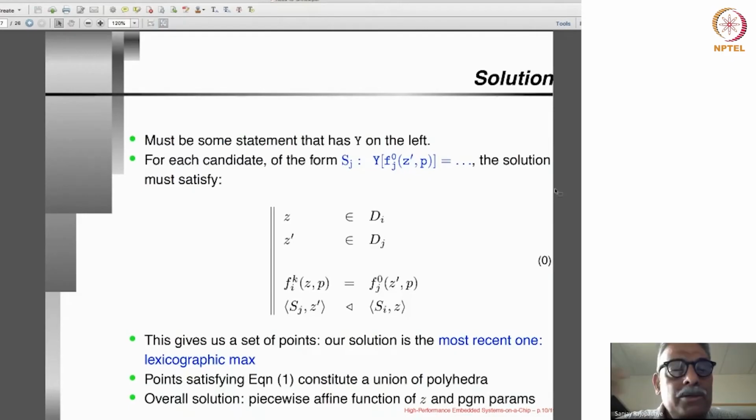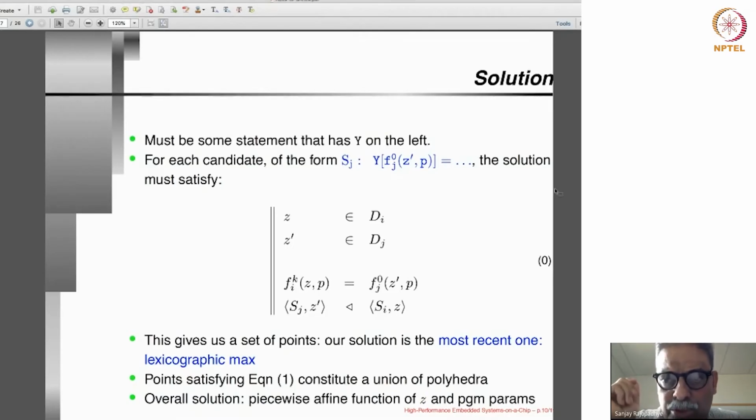So let's consider some candidate statement Sj, which has y on the left-hand side, and it is writing to memory location f sub j superscript 0. And remember, it is some statement Sj, so it has its own indices z prime, and of course the program parameters, which are common to all statements.